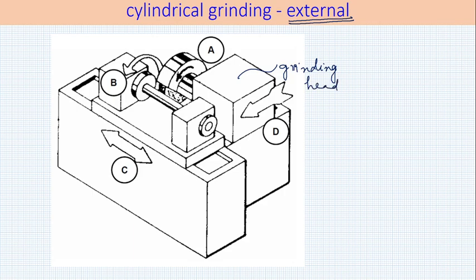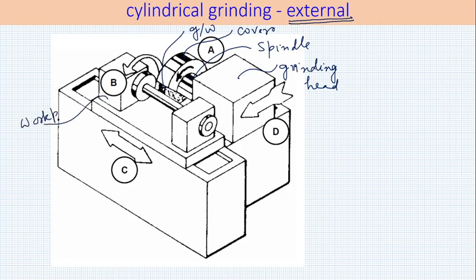This is the spindle on which the grinding wheel is mounted. This is basically the cover for the grinding wheel, and this is the workpiece head. That means it accommodates the workpiece and also provides a rotation to the workpiece.